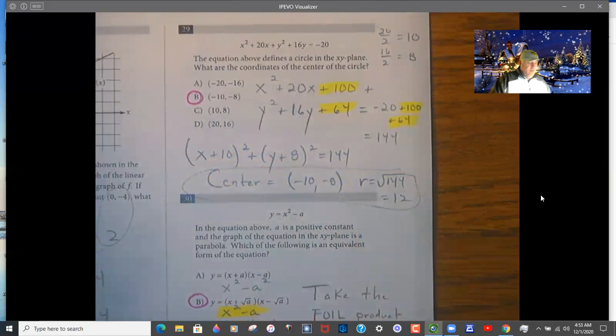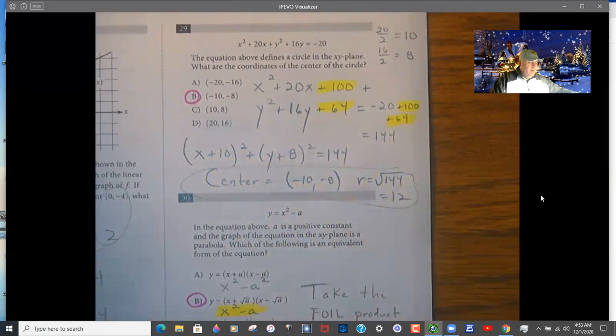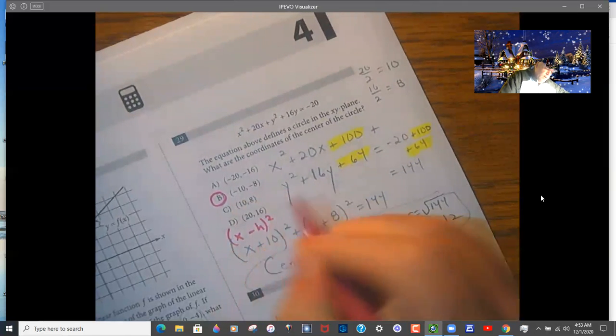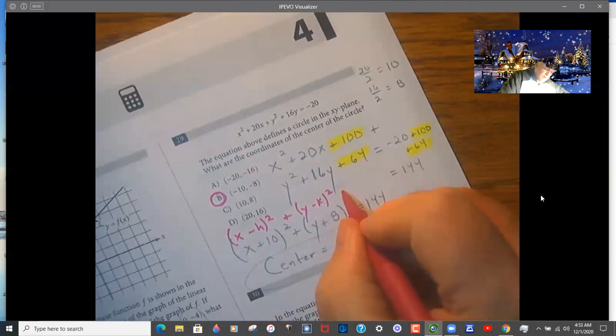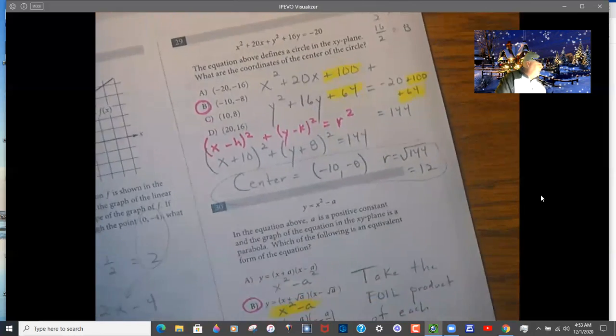And then you have to know that the equation of a circle is written like this: x minus h squared plus y minus k squared equals r squared. I don't think that's on the front page of this. Let me look it up.